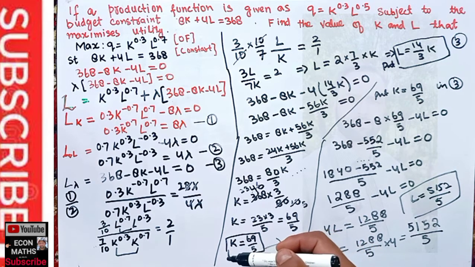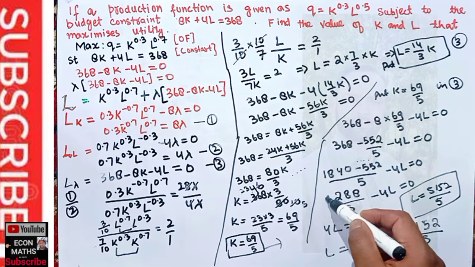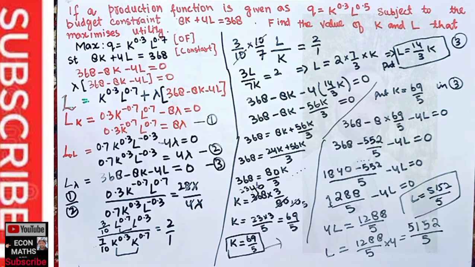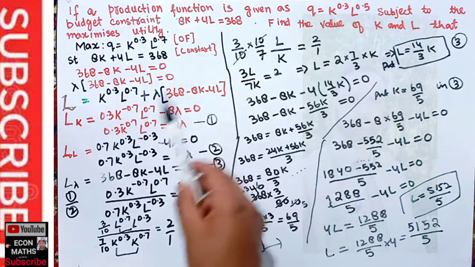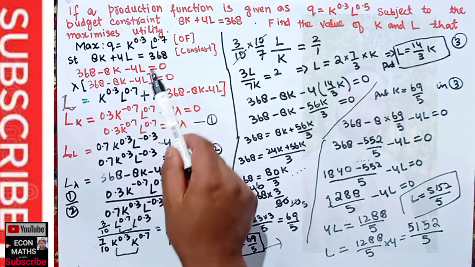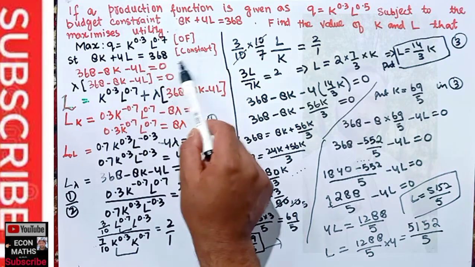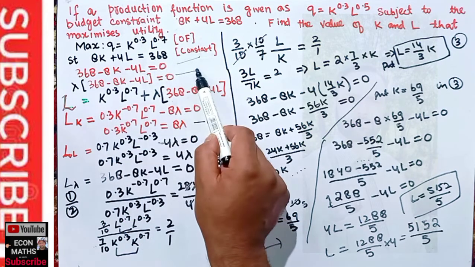I hope I make myself clear. If there are mistakes in calculation, and it can happen here because I am not too good at calculations, but the steps are the same. First we take the utility function and constraint. First step is set the constraint equal to 0 and multiply the constraint by lambda.